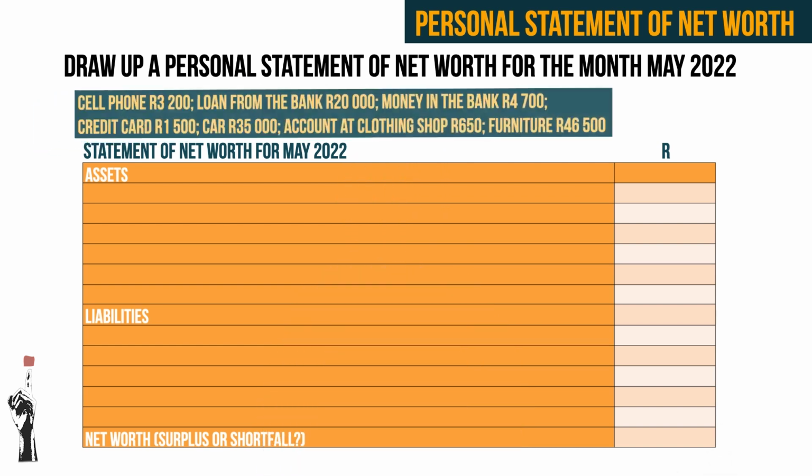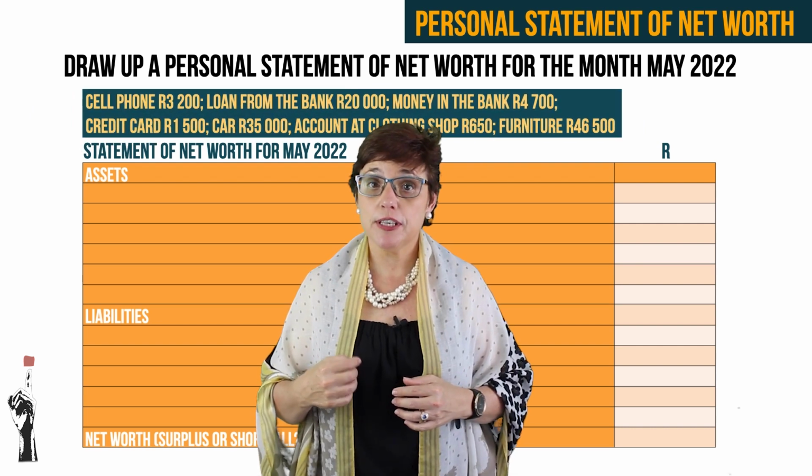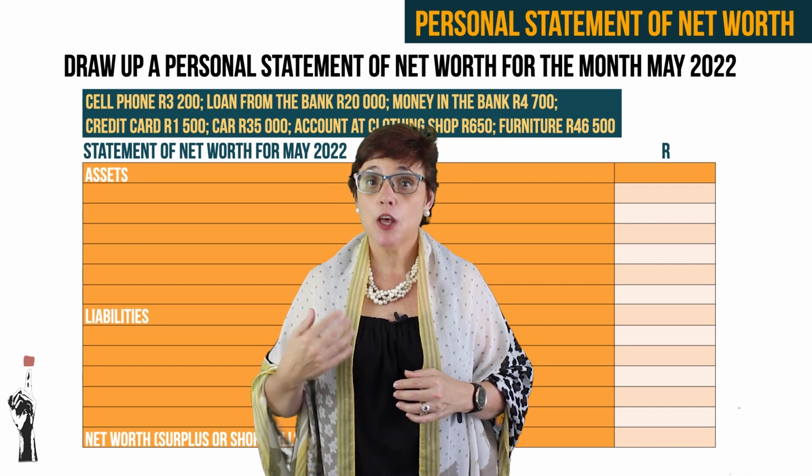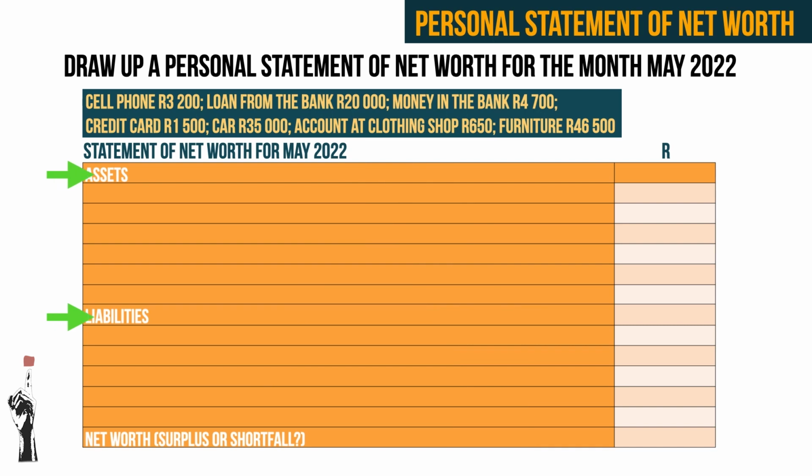Make sure you evaluate the information very carefully. We are going to divide this information between assets and liabilities. Okay, let's go. Remember, this is an interactive activity, so work with me.